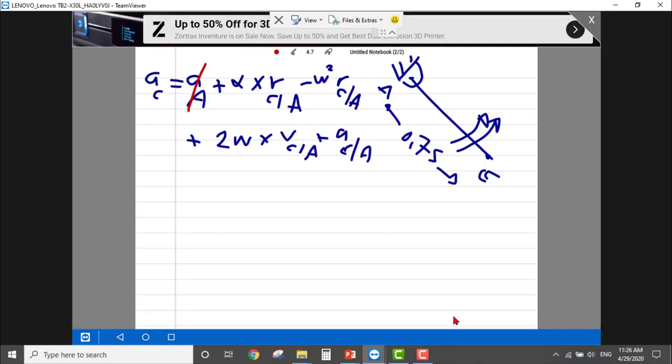Acceleration AC is unknown, so I will write it as is.